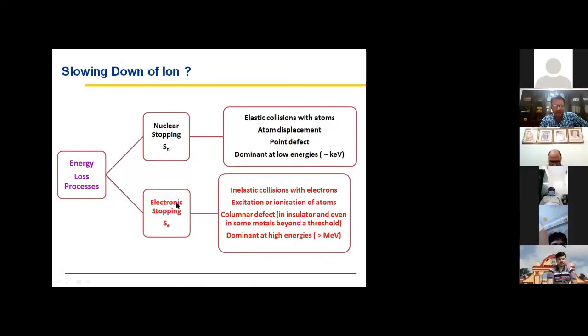If the energy of the ion is very high, of the order of MeV, then the speed of the ion will be very high. In that case, the ion will transfer energy to the electrons, and as a result, the material will be ionized. Then later on, the electrons will transfer energy to the nuclei, and as a result, a damage zone is created, and that is known as columnar defects.